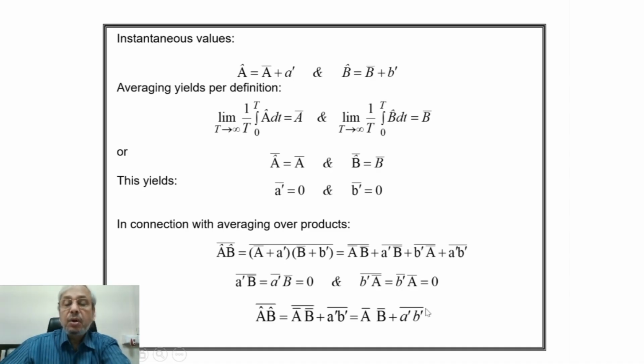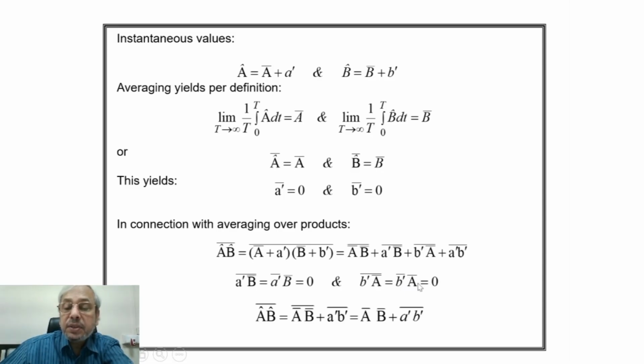Okay, and here we have A prime B bar over bar is A prime over bar into B bar, and A prime over bar is 0, so this quantity is 0. Similarly B prime A bar over bar gives B prime bar into A bar, B prime bar is 0, so this is 0.